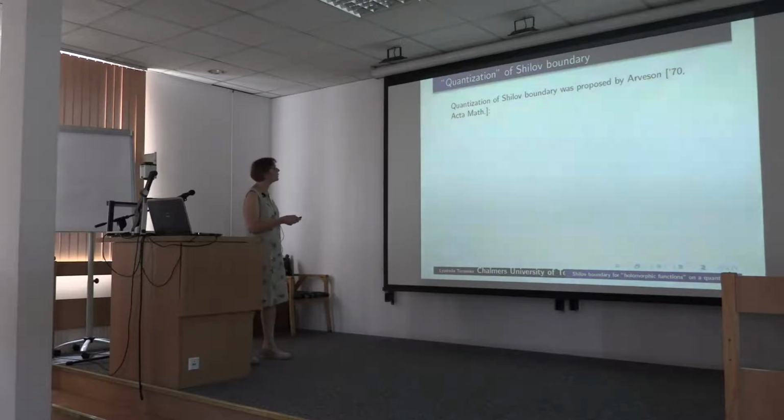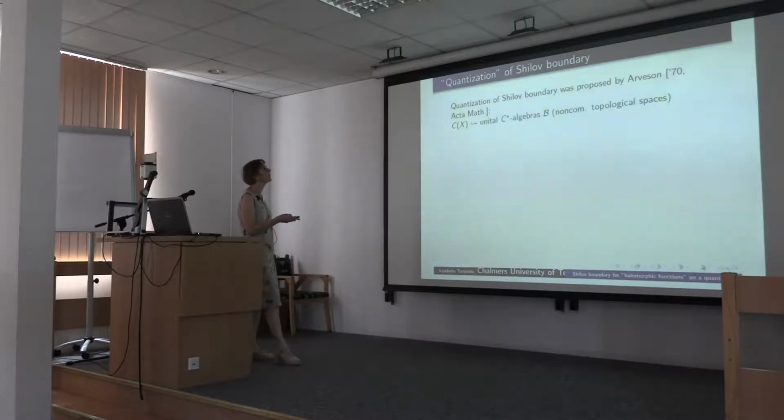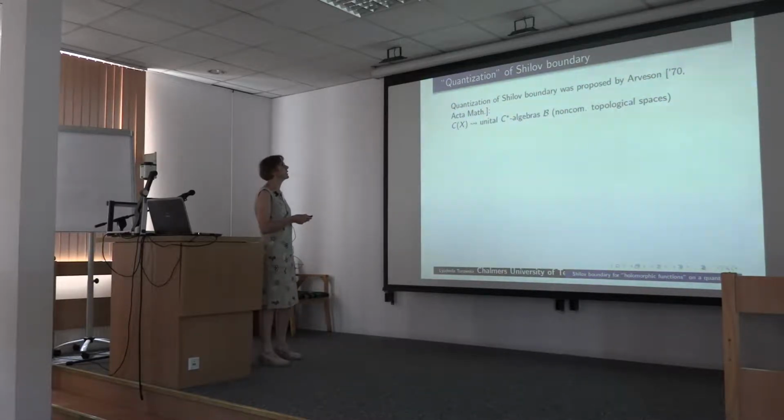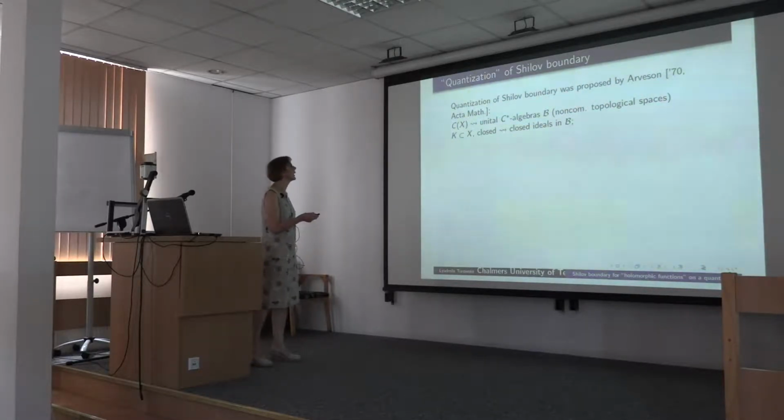Now I'm going to define the quantization of the Shilov boundary, which was proposed by Arveson in his Acta paper in the 70s, a very influential paper. I replace the commutative C-star algebra C(X) by just a unital C-star algebra B. So this is a non-commutative topological space.